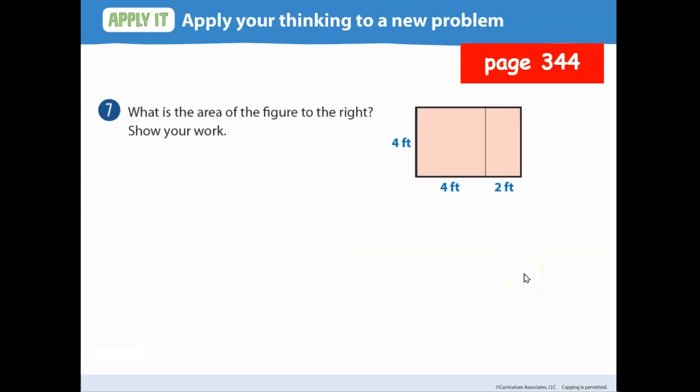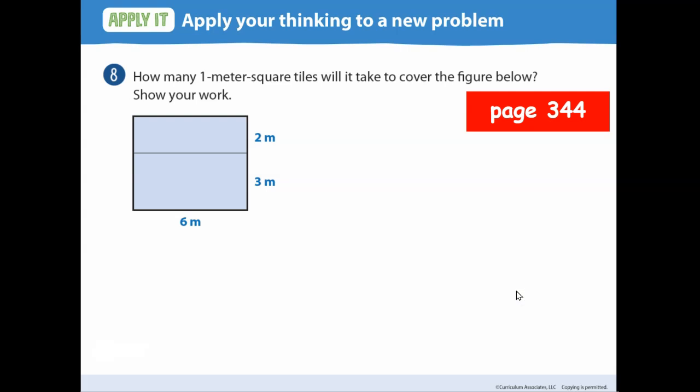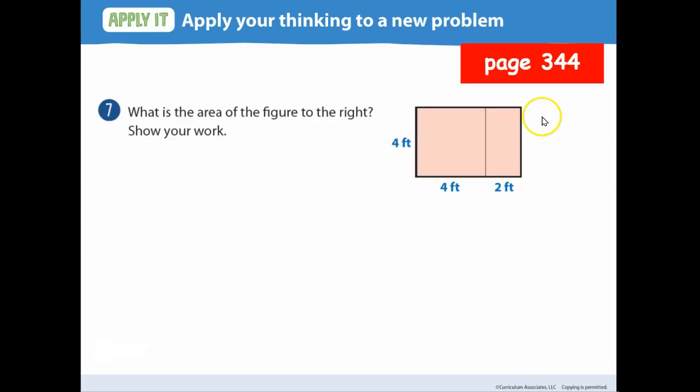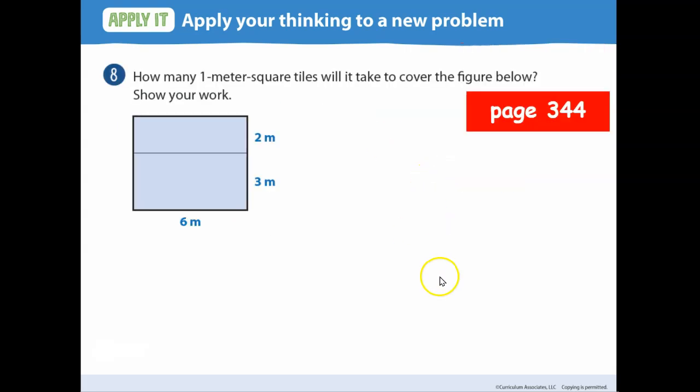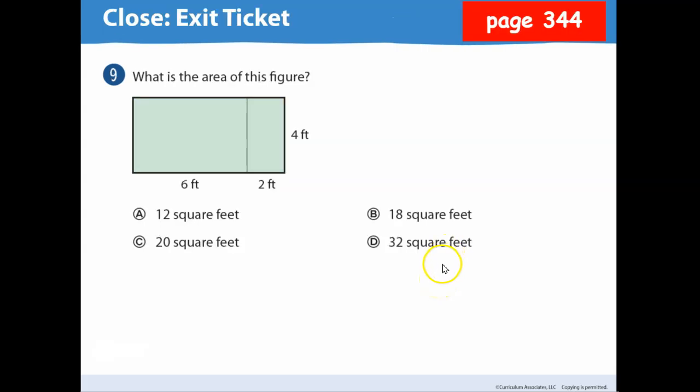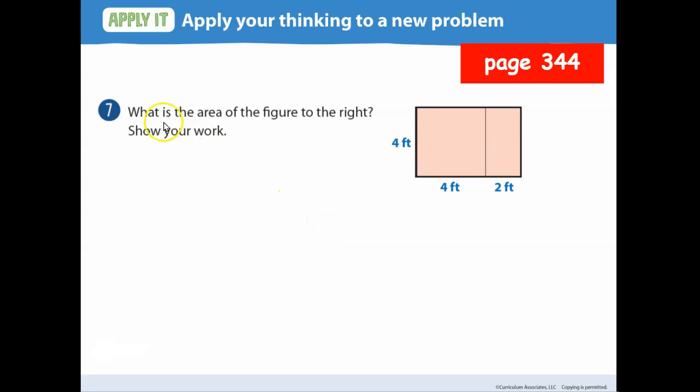Go to page 343. Sorry, 344. My bad. We're going to do this one together, and then you're going to do this one on your own. So it says find the area of the figure to the right.